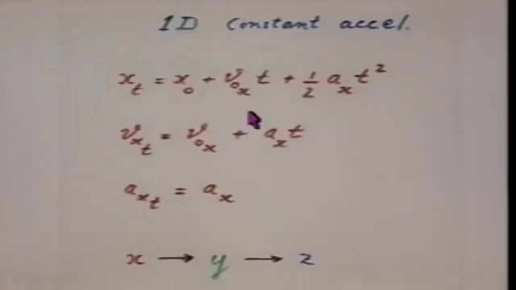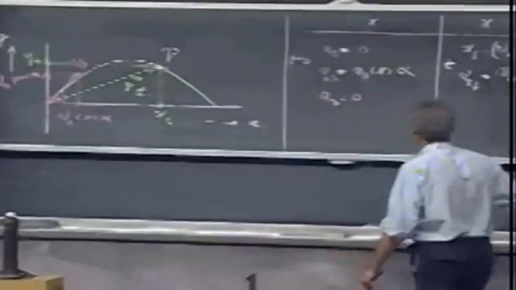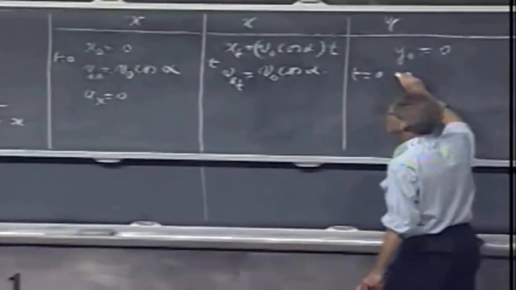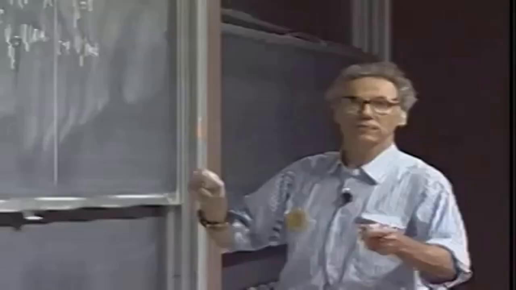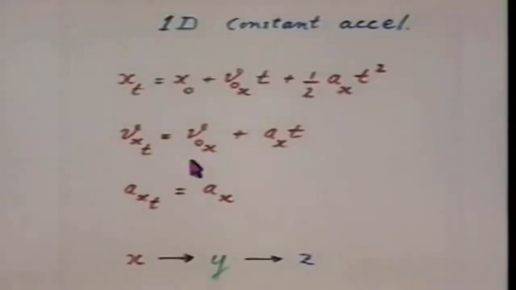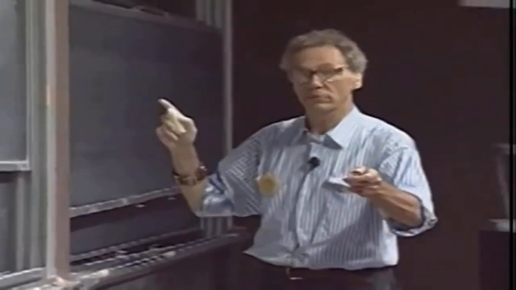I get v0y times t. Well, v0y is this quantity, it's v0 sine alpha. This is v0 sine alpha, that is the velocity at time 0, and this is 0. At time 0, this is 0.